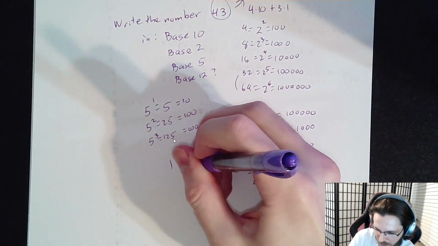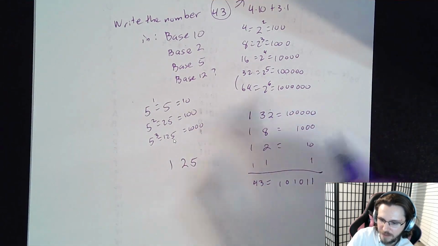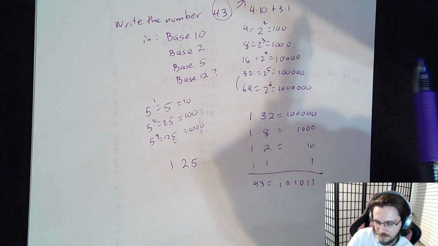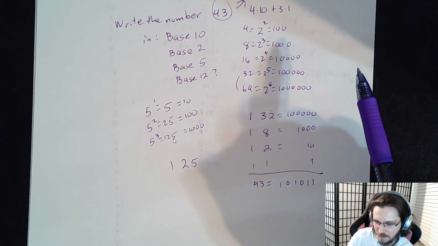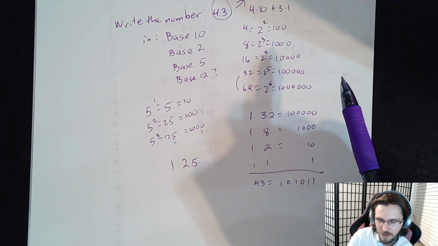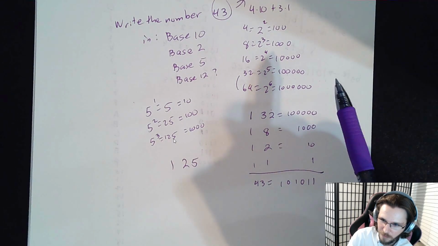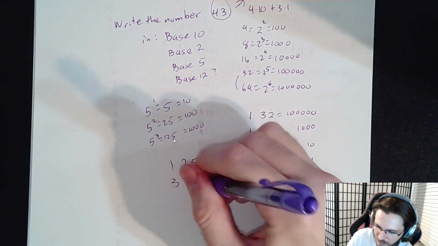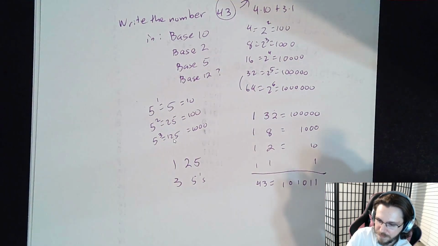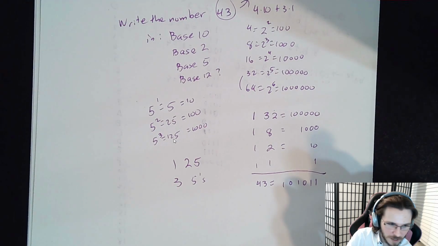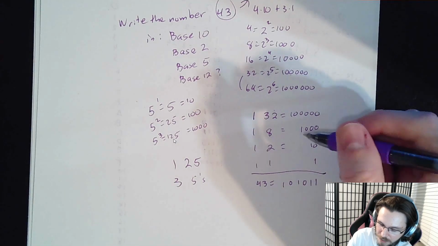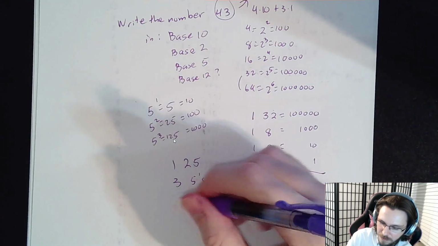So we have to write it using 125. And then how many 5s do we have? So in order to get up there, if we had one 5, it would be up to 30. Another 5 would be up to 35. Another 5 would be up to 40. So we have three 5s. That's taking us up to 40 so far, and we need to be up to 43.